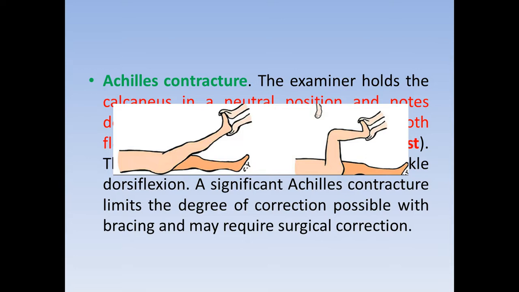So if you start from extension and you do a dorsiflexion of the foot and it reaches, for example, neutral, and the other foot, which is normal, about 10 degrees dorsiflexion, and you flex the knee and the same neutral position doesn't change, then the whole complex, which is gastrocnemius above the knee and soleus below the knee, is tight.